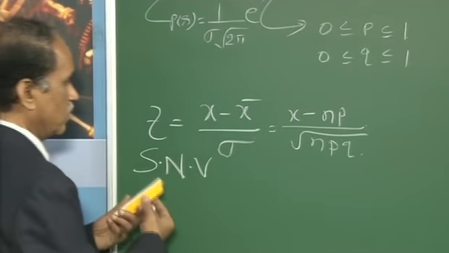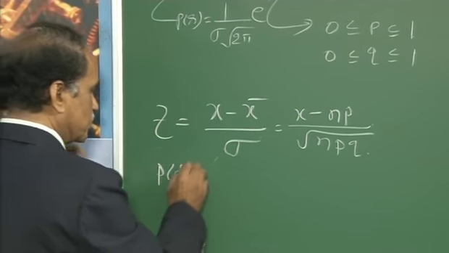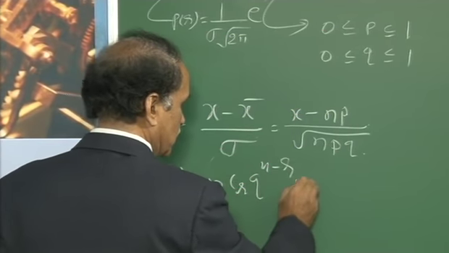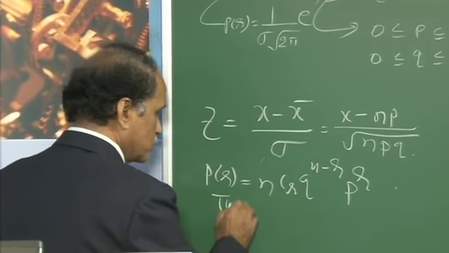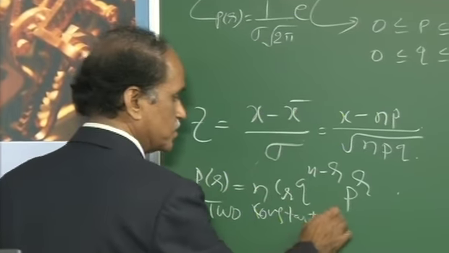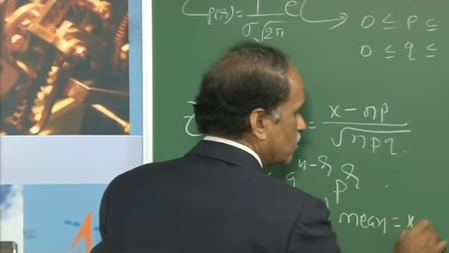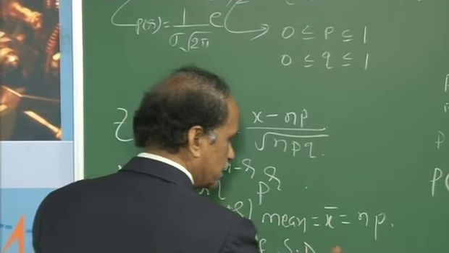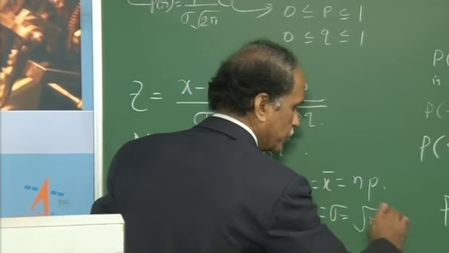These two values are called, in the binomial distribution, NCr q to the power n minus r and p to the power r. For this there are two standard constants of the binomial distribution. One is the mean, x bar equal to np, and the other is the standard deviation, sigma equal to root of npq.